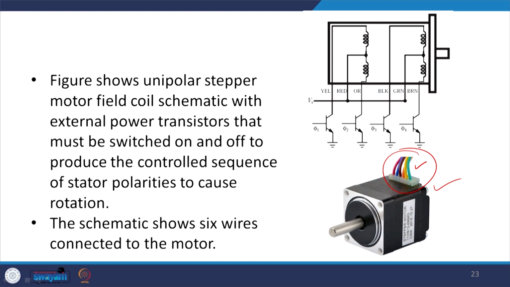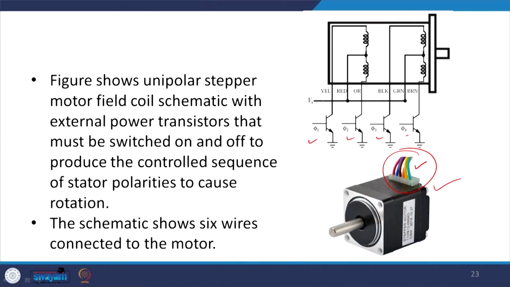This figure shows a unipolar stepper motor field coil scheme with external power transistors, as you can see over here, that must be switched on and off to produce a controlled sequence of stator polarities to cause the rotation, and this schematic corresponds to the 6 wires connected to the motor.